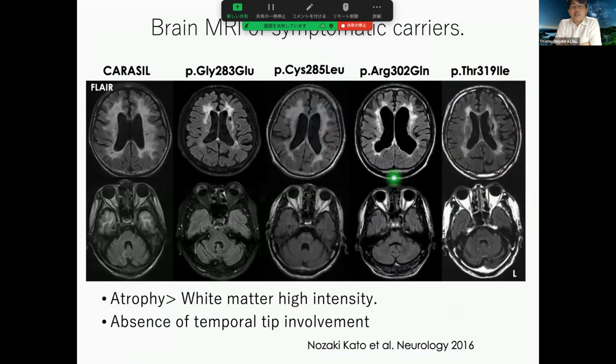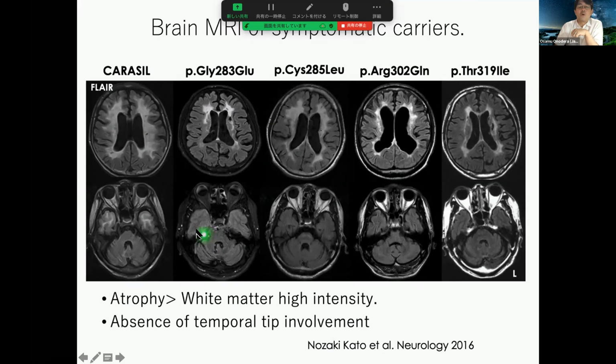This is a representative MRI finding of the symptomatic carriers of HTRA1 mutations. This is the MRI of CARASIL, and from here to here is the MRI of the heterozygote. As you see, the leukoaraiosis is not so marked as in CARASIL, but the atrophy is marked compared to CARASIL.